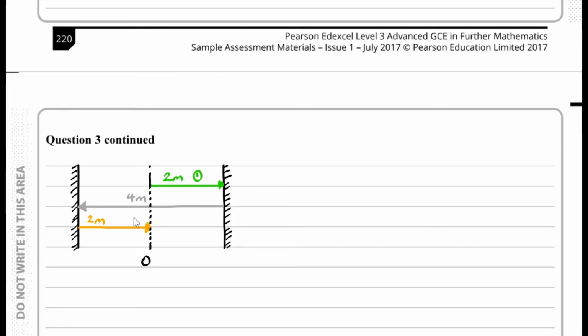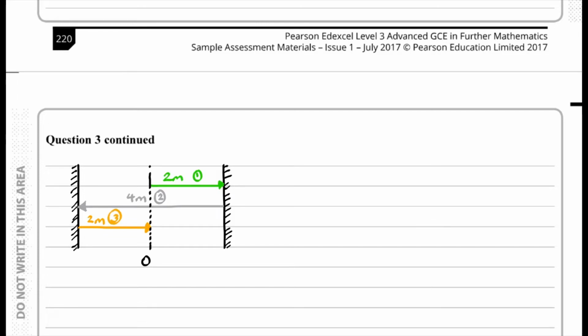That's the first thing that happens. The next thing that happens, from this wall on the right, the particle goes to the wall on the left. That's the second thing that happens. And then finally, the particle returns to the origin.